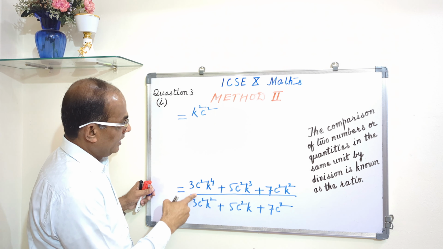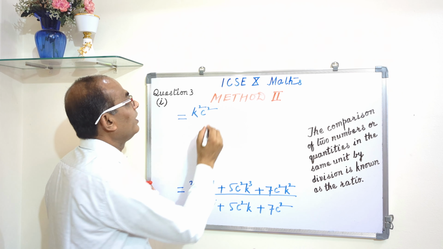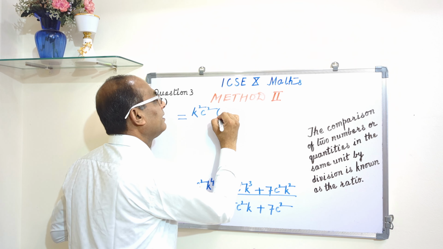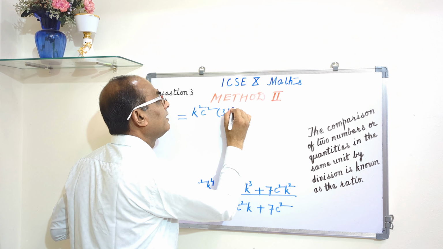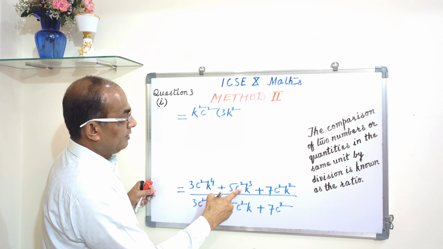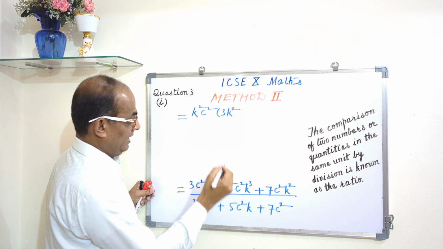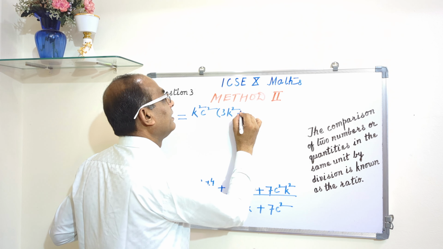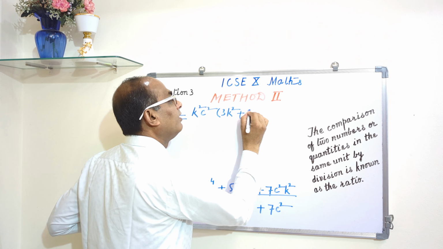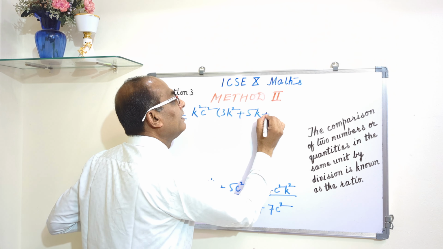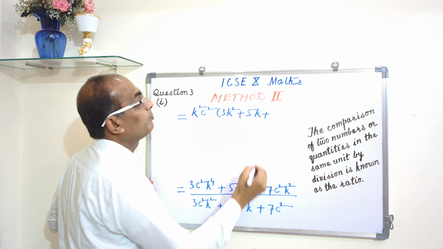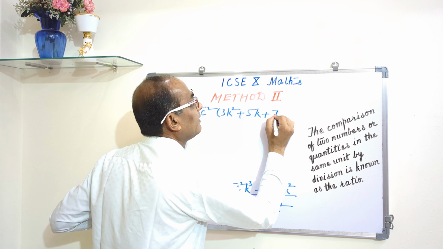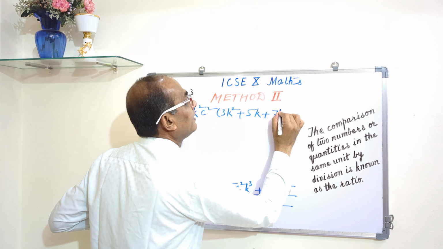This is common. So we are getting then 3k square plus 5k plus 5k plus 7 in the bracket, and this bracket is closed now.